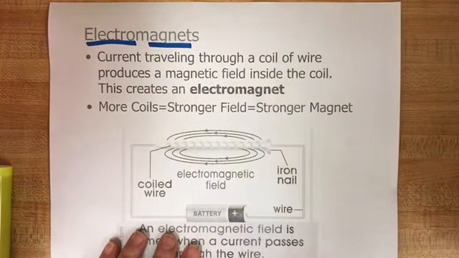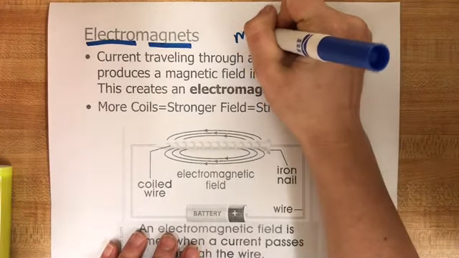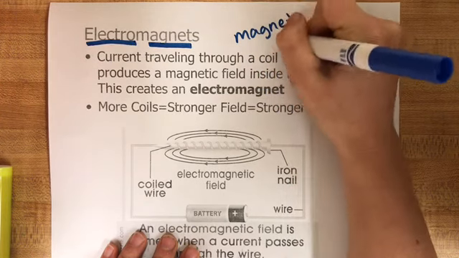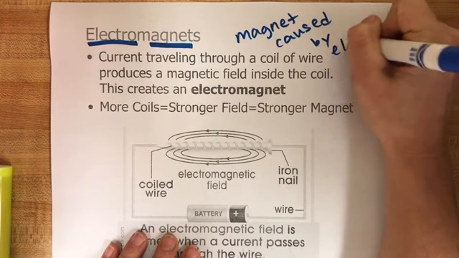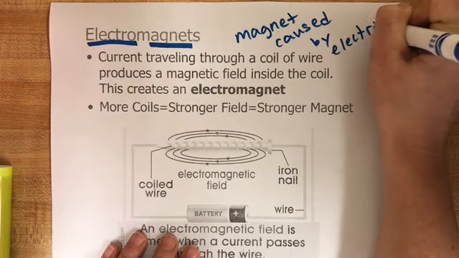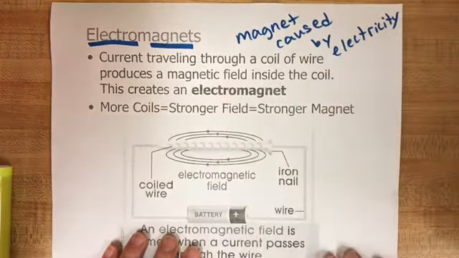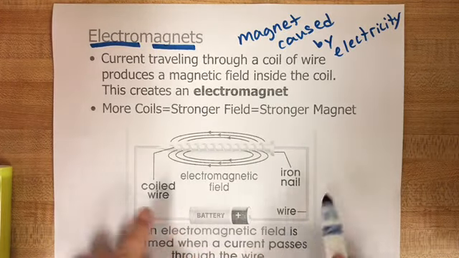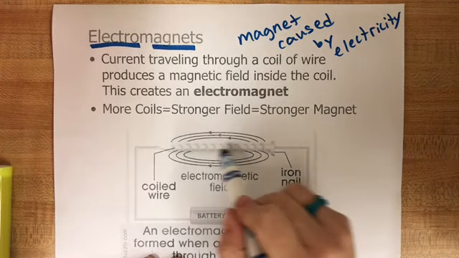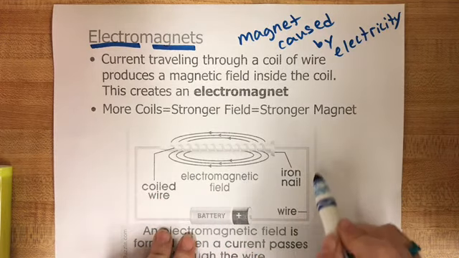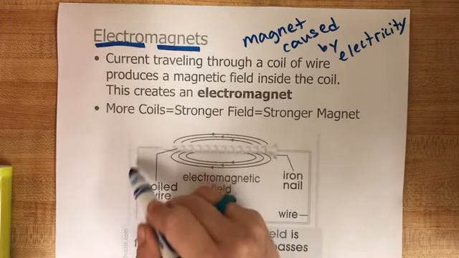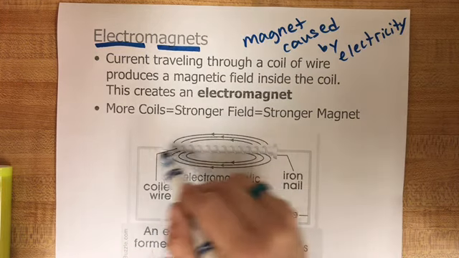Okay. Last topic here is an electromagnet. And it's exactly that. It's a magnet caused by electricity. So for example, you have a circuit here. The electricity is running through, and there's an iron nail, and that electricity is running through that iron nail because iron is a good conductor, so it's running through it.